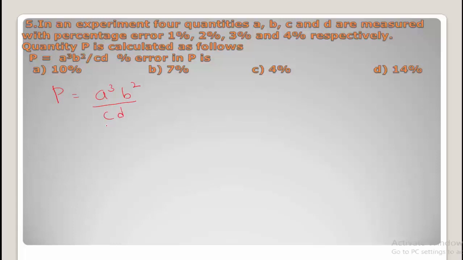This is the physical quantity given, and the other values given are delta A by A into 100, delta B by B into 100, delta C by C into 100 and delta D by D into 100. All the values are given.